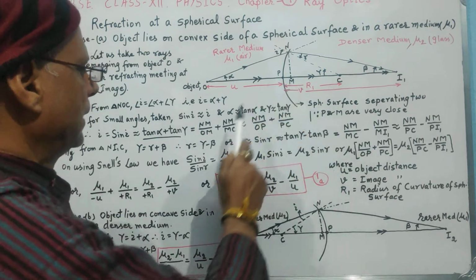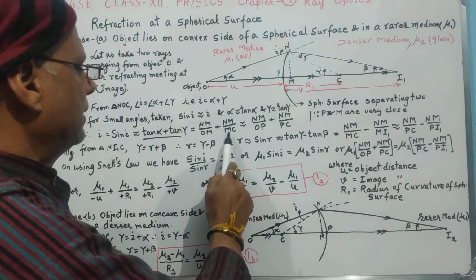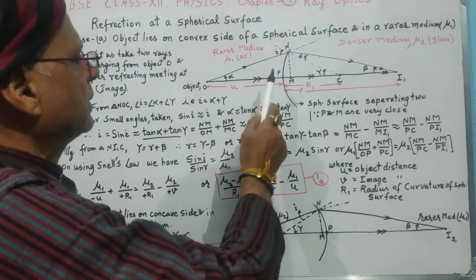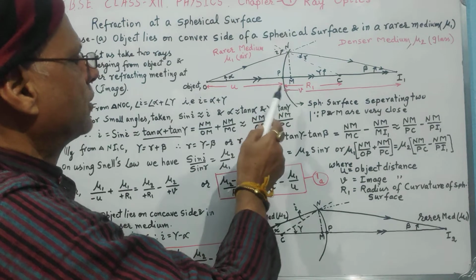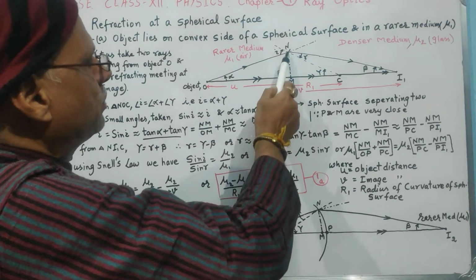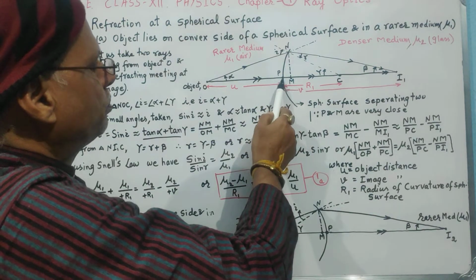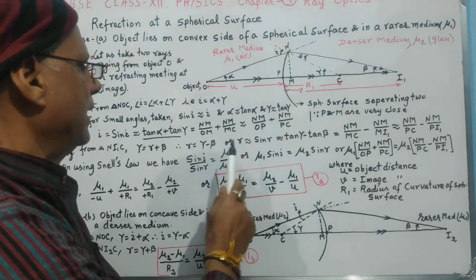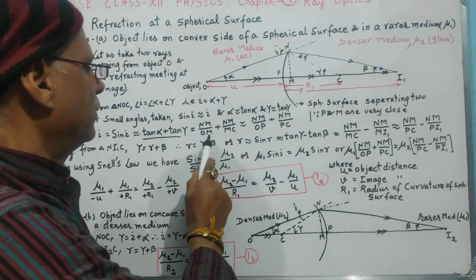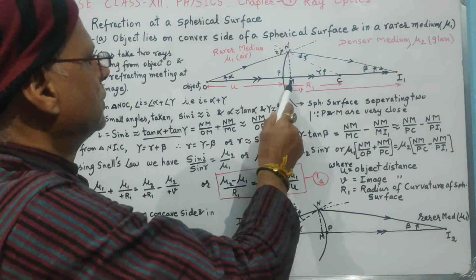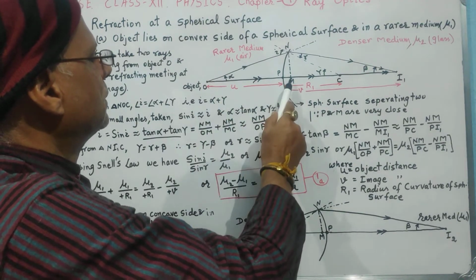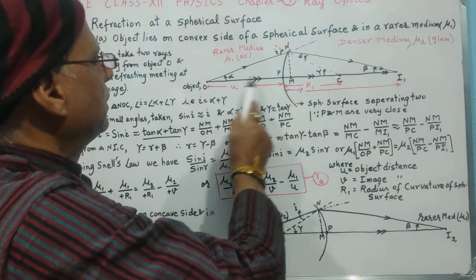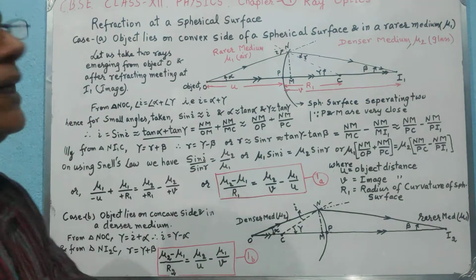CM. NM divided by CM. Now further we make some approximation: as this point M is very close to point P, P being the pole of the spherical surface, for OM we can write OP. OM is of this much value, it can be approximated to be equal to OP. Why are we doing this?